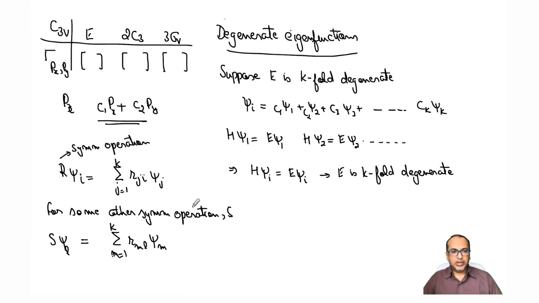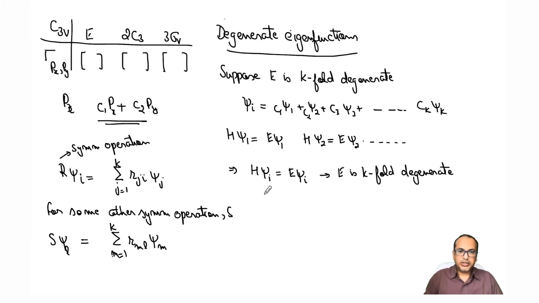So R is a symmetry operation acting on a linear combination of degenerate eigenfunctions, and S is some other symmetry operation acting on the same linear combination going from 1 to k. These are the corresponding coefficients of the linear combinations, or rather the corresponding characters: when R is operated, whatever you get corresponding to each eigenfunction is the corresponding character.